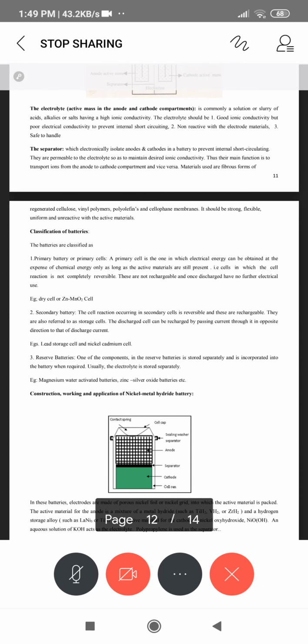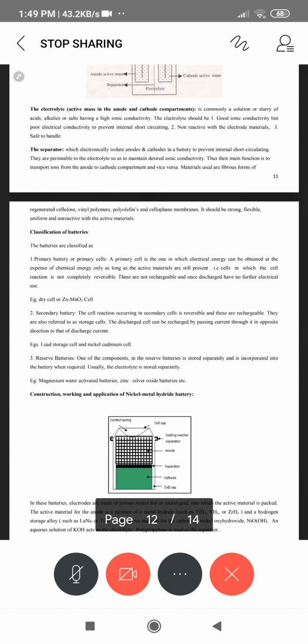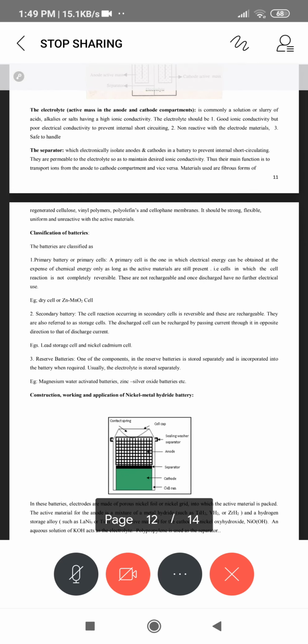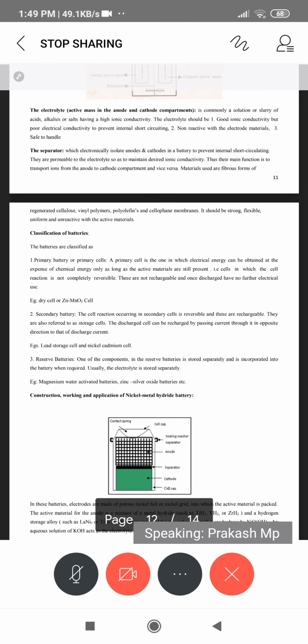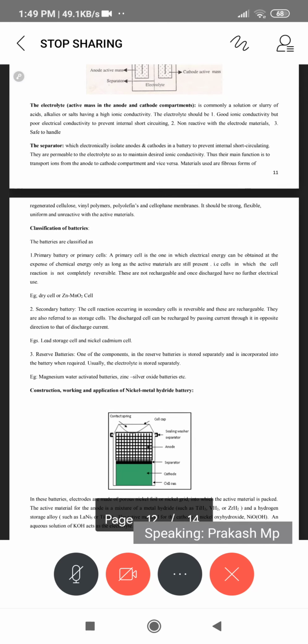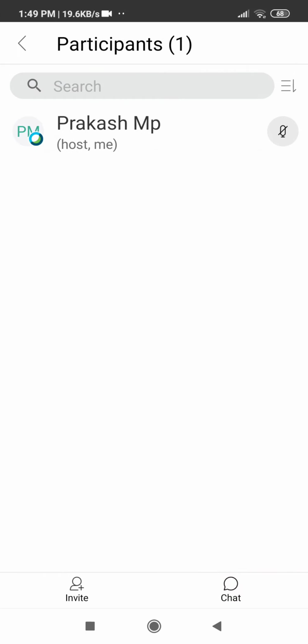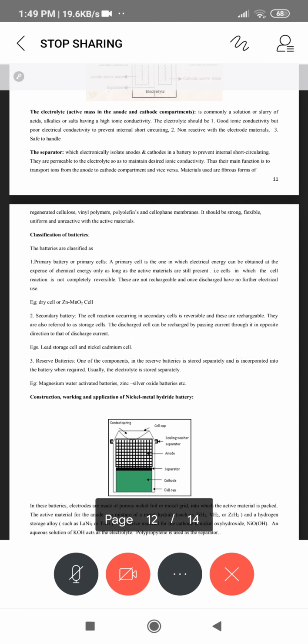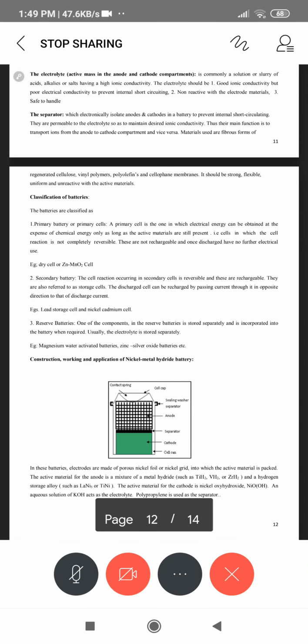The same applies for the cathode: easy to fabricate, resistant to electrolyte, easy reduction, good conductivity. Same thing, easy oxidation, easy reduction.